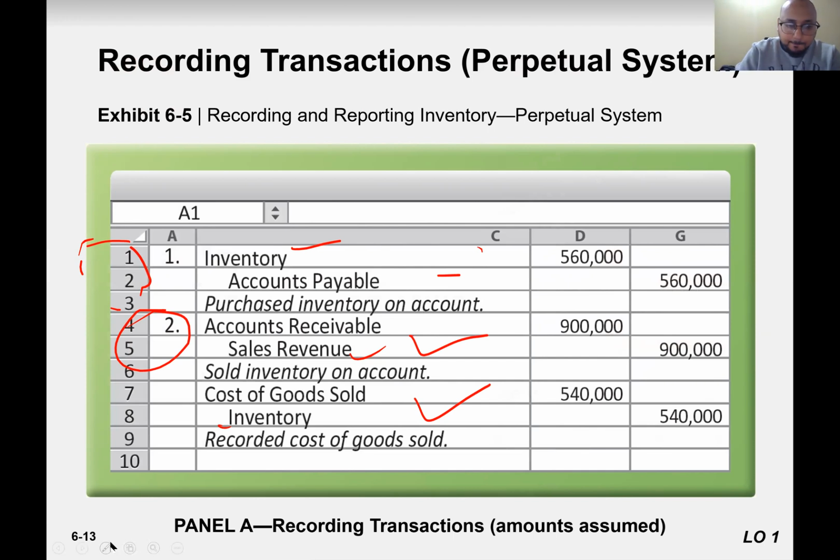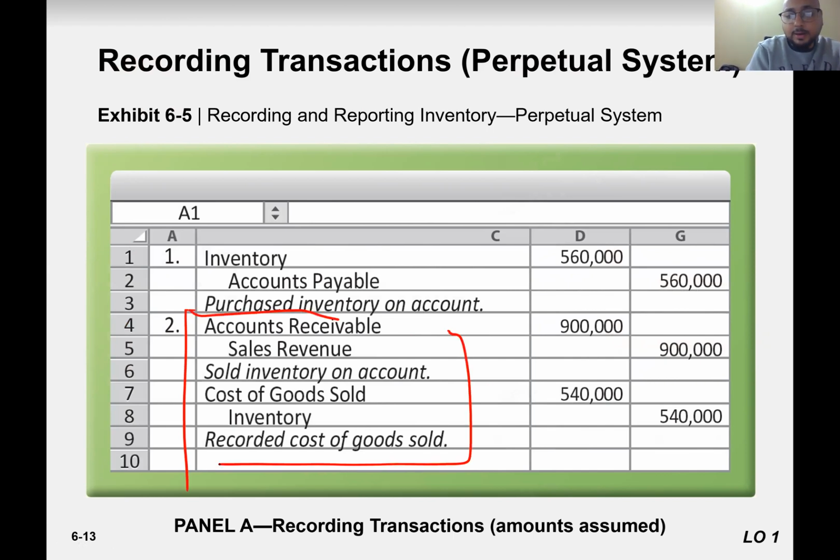So when you sell, two entries are needed. Here we go. Number one, the sale entry: sales increase means credit. Why? Because sales belongs to the retained earnings account. On the balance sheet equation, assets equal liabilities plus owner's equity, and retained earnings is part of owner's equity.